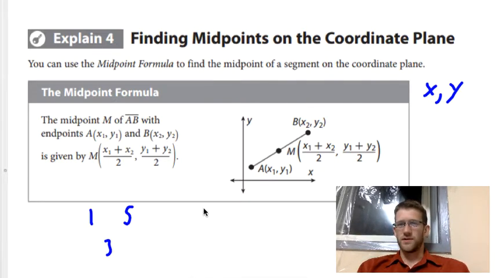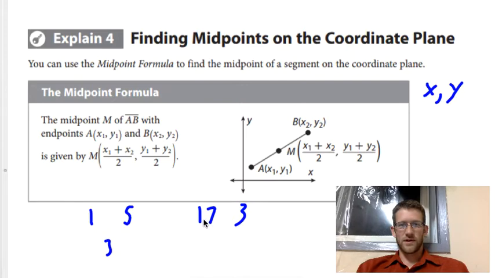Give me two more integers. 17 and 3. Okay, cool. So 17 and 3, I can simply add together and then divide by 2. And so I know that the midpoint of those two is 10. So if 17 and 3 were my y values, I can simply average them out.